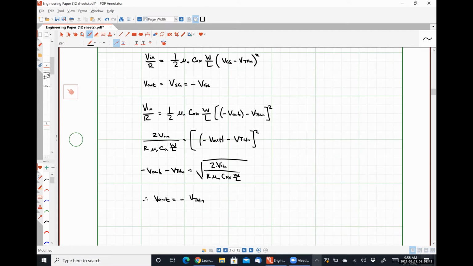So we knew that it was going to have that offset from what we talked about earlier. It had it for Vn equal to 0. The output voltage has to be at negative VTH minus the square root of 2 Vn over R mu n C ox W over L.